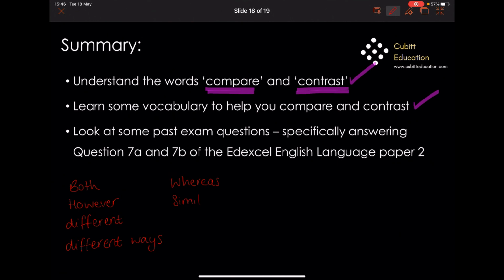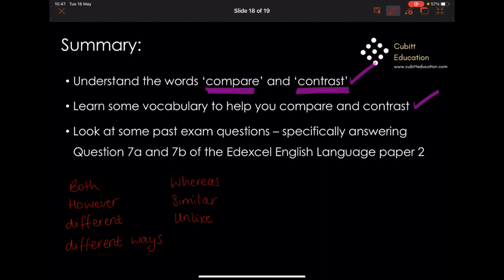Texts are similar. Text 1 discusses something, unlike text 2, which discusses something else. So within those different examples, there were plenty of ways in which the texts were compared.